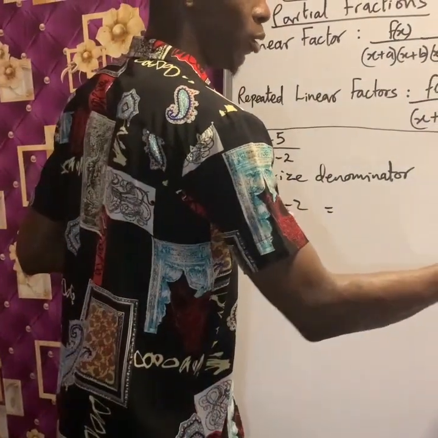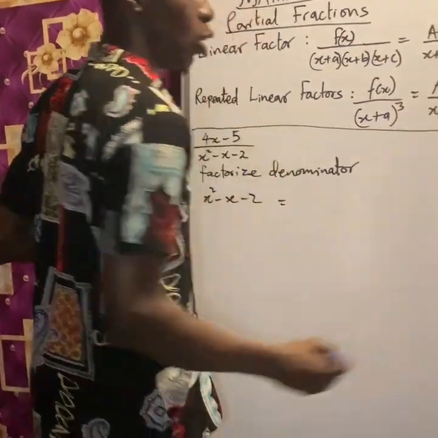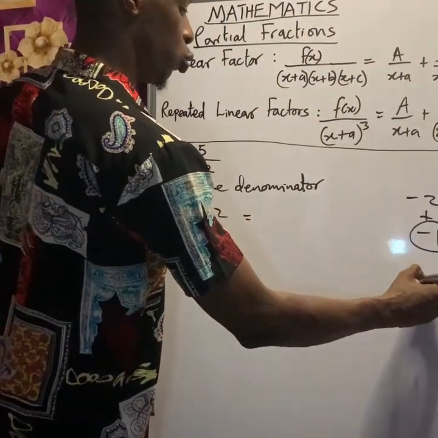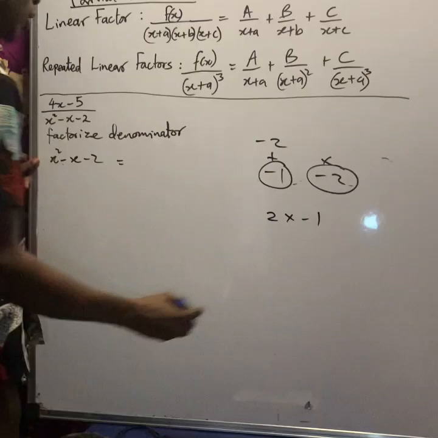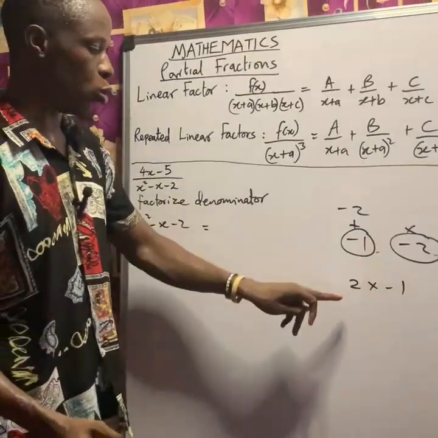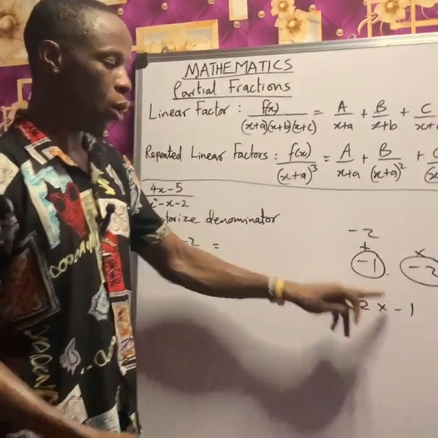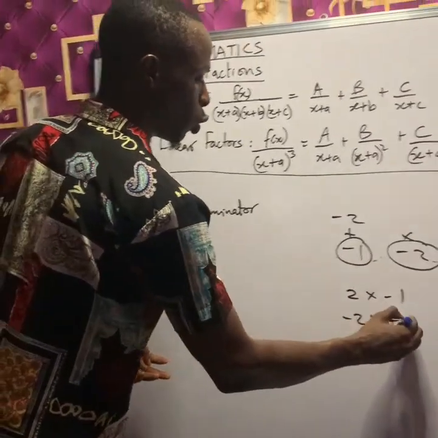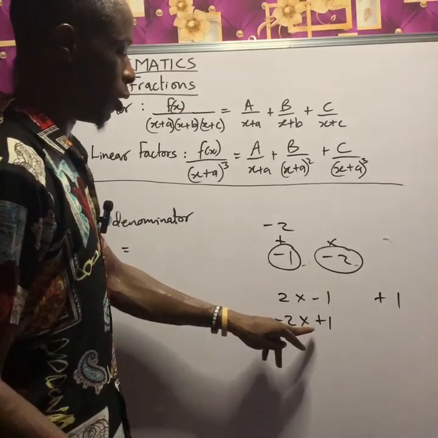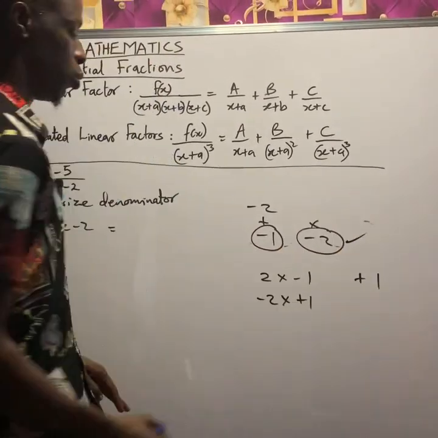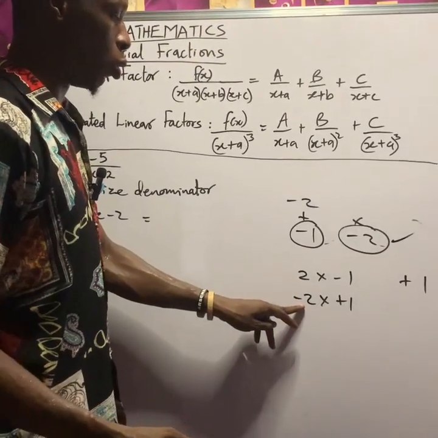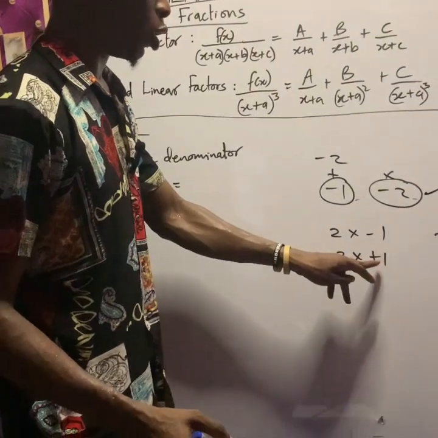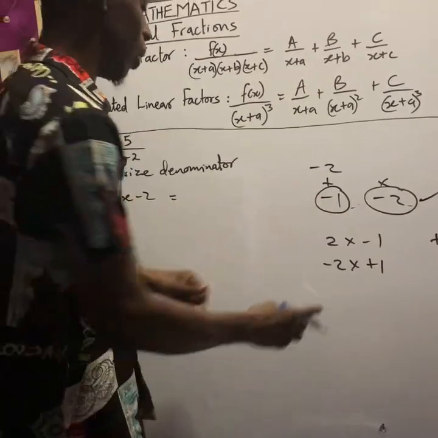We try 2 times minus 1, which gives minus 2, but 2 plus minus 1 gives plus 1, so it did not work. We say minus 2 times plus 1. Minus 2 times plus 1 gives minus 2, and minus 2 plus 1 gives minus 1. So we are going to use these two factors.